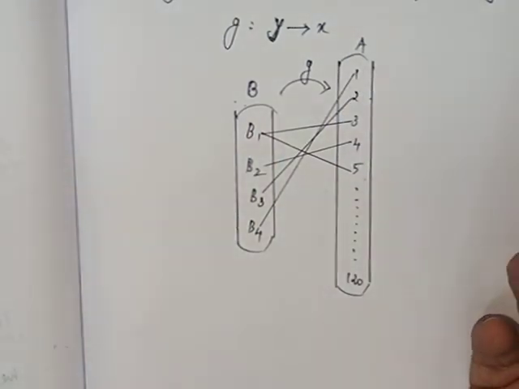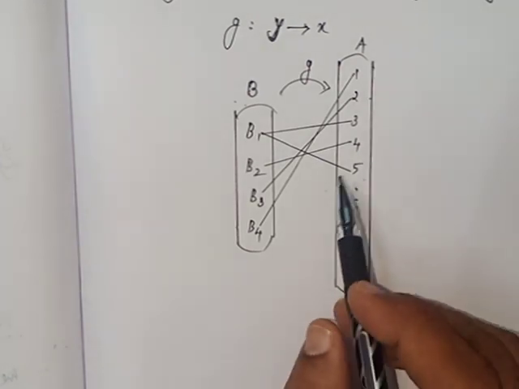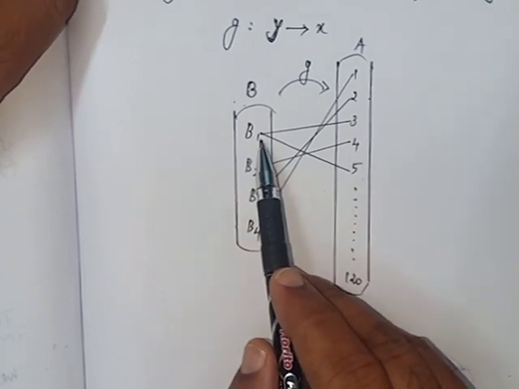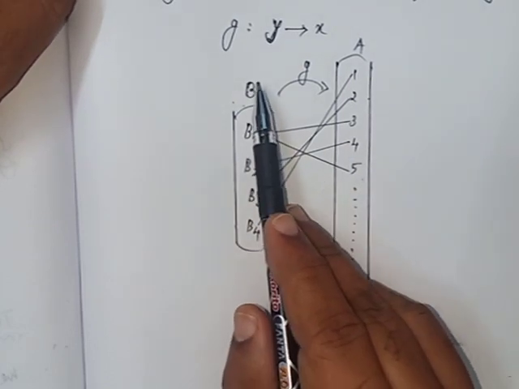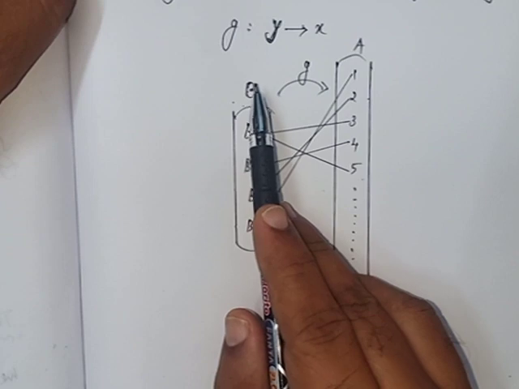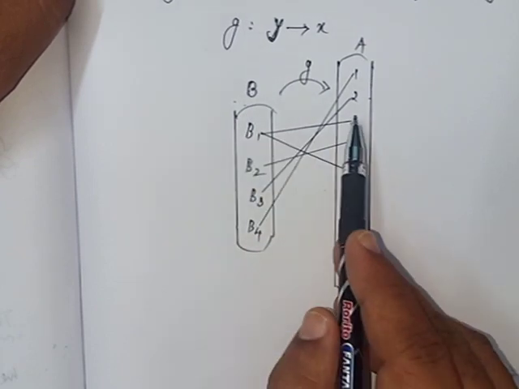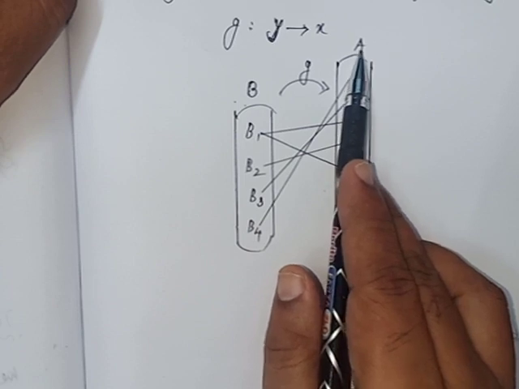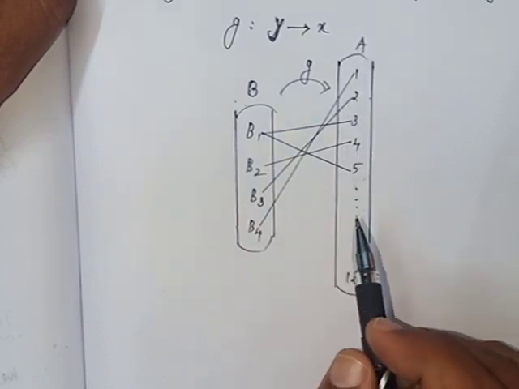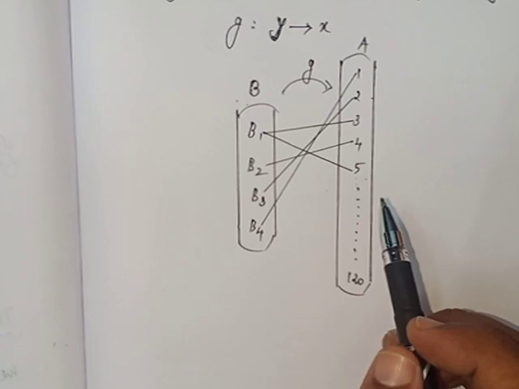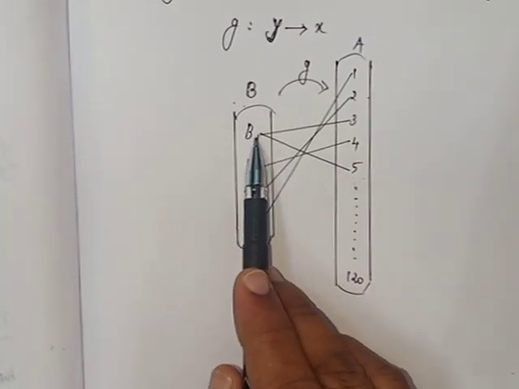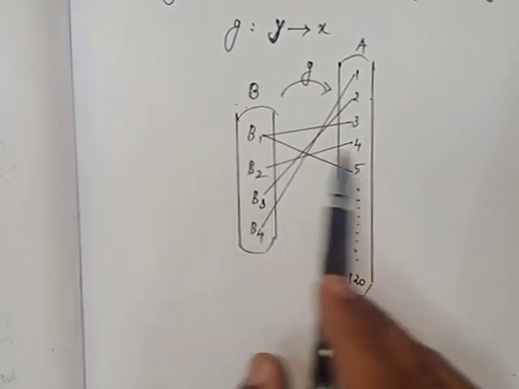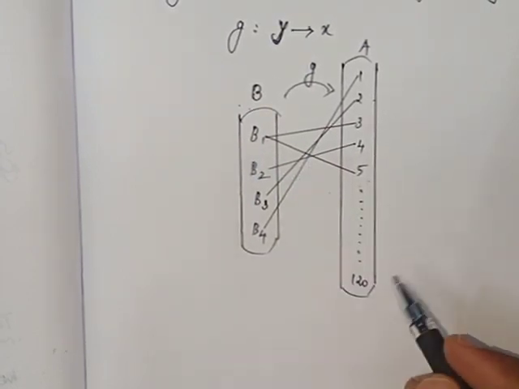Therefore, it is not a function. It is violating the definition of a function. Since B1 in B has 2 different images in the codomain A, it is not a function. Because by the definition of a function, each and every element of the domain has only one image. B has 2 different images, therefore it is not a function.